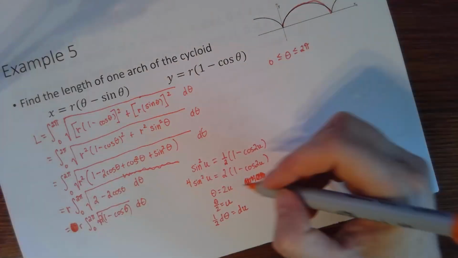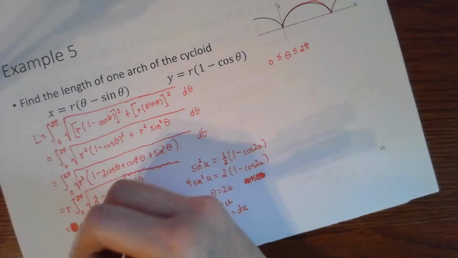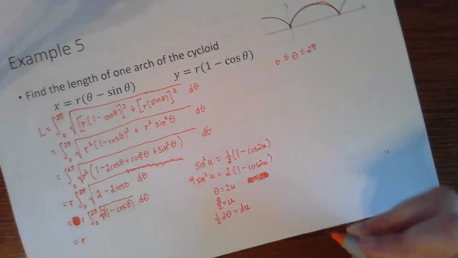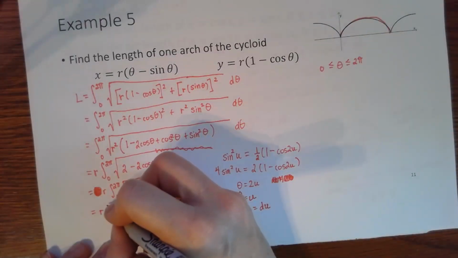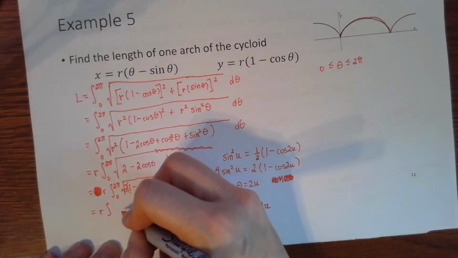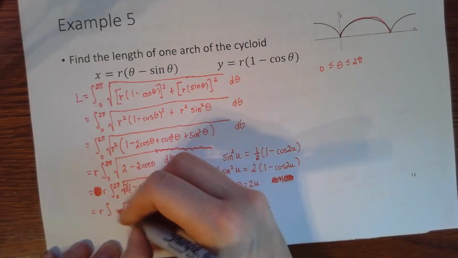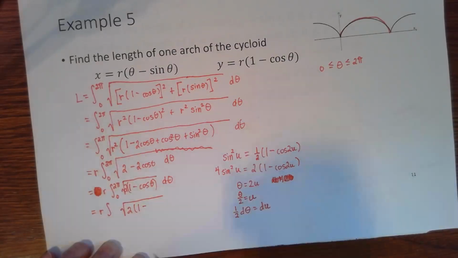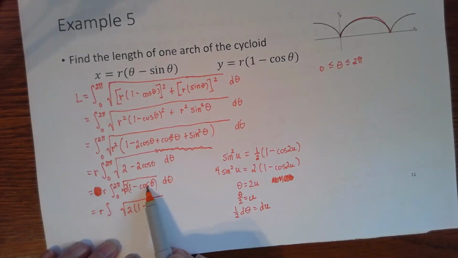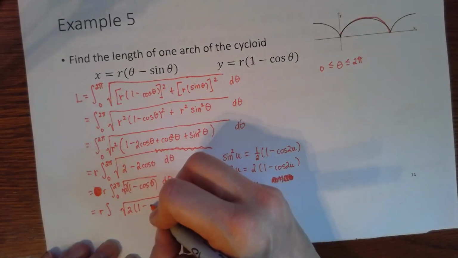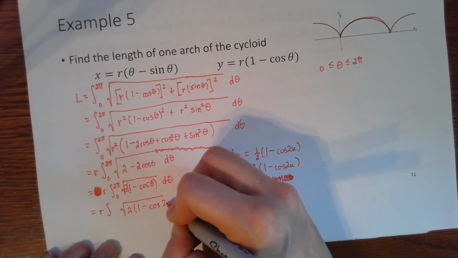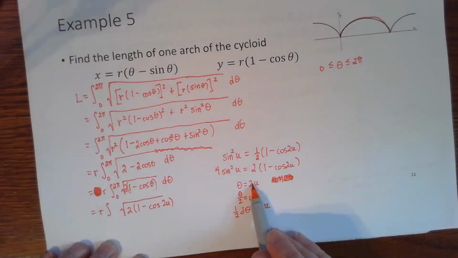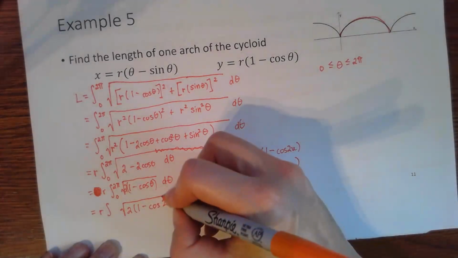So let's figure out our substitutions here, and let's see if I did this right. Okay, r equals, and in here 2, 1 minus, and we want this to look like cosine of 2u. So 2u has to be the same thing as theta. That sounds right.